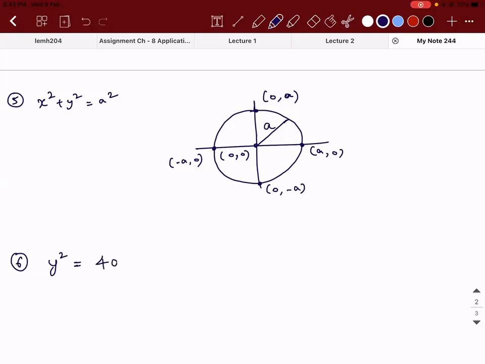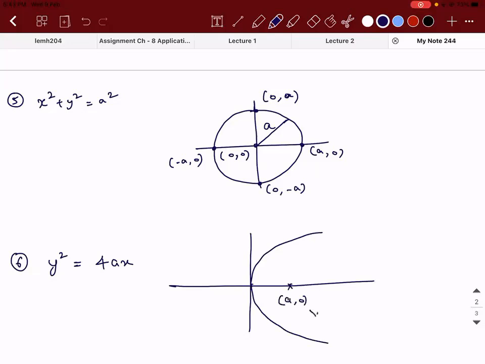Then you have y square is equal to 4ax. So y square is equal to 4ax will be a rightward parabola where a comma 0 is the focus, and 0 comma 0 is the vertex.